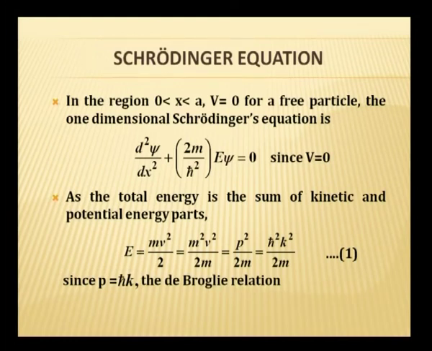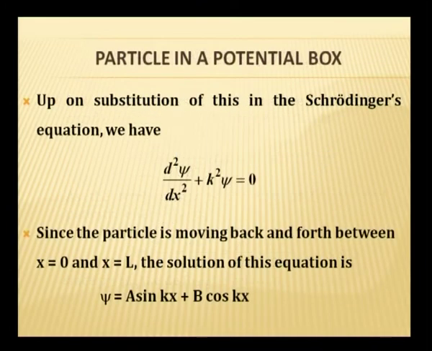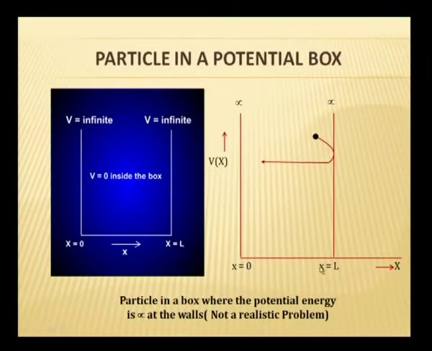E is the eigenvalue and psi is the eigenfunction. How do you define psi? I told you again last time, psi cannot be measured. What can be measured is psi star psi, or psi square, which gives the probability of finding the electron. Here at x equal to 0 and x equal to L, the potential energy goes to infinity.